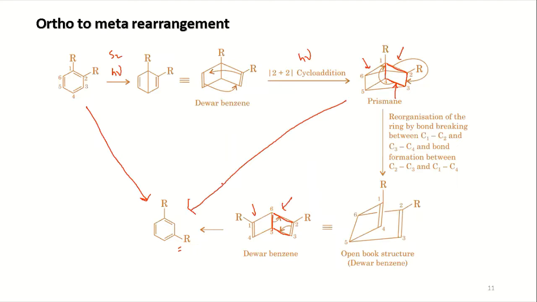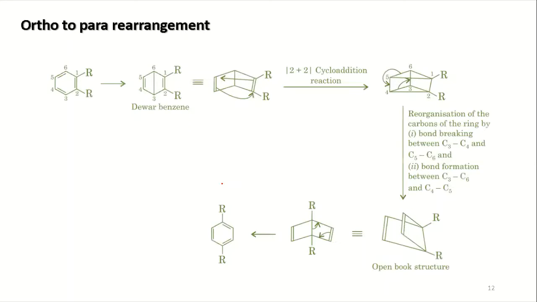Okay, so now let us look at another example where you see the ortho to para rearrangement, and I think you will get the answer here. What you see here is that you have the ortho compound, your benzene formation. If you shine light and this is happening, then you are having 2+2 cycloaddition. And this is your product after 2+2 cycloaddition.